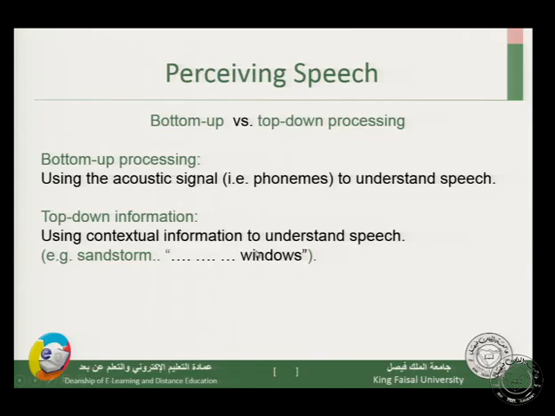Let's look at this example. Let's say there's a sandstorm. What is the meaning of sandstorm? In Arabic we say ajaj or ghubar. So let's say there's a sandstorm and your father is speaking to you. You cannot listen to him clearly. What you could pick is just the word windows.